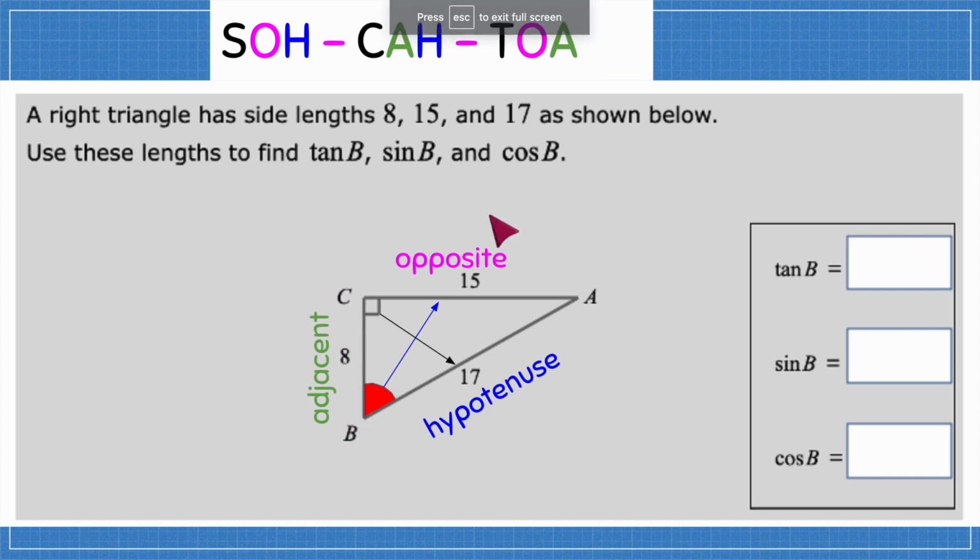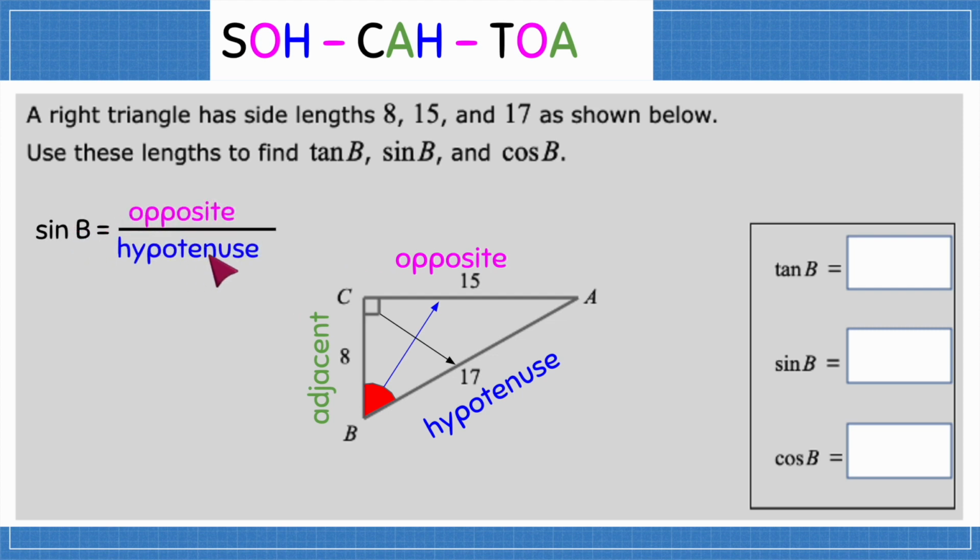Now that we have everything labeled, we're going to apply our trigonometric functions. I always go in order of SOHCAHTOA, but you can go out of order if you want to. The sine of B is opposite over hypotenuse, so 15 over 17. This is how you leave it.